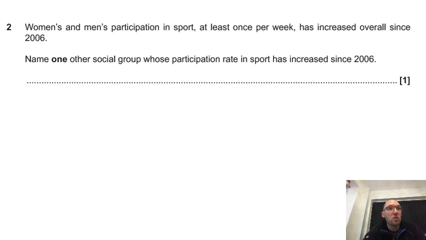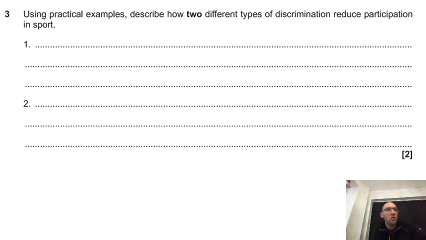So they're the social groups we're looking for. If you just put gender, you mostly wouldn't have got a mark, it would have been too vague. Once again, if you just put age, it was too vague, you had to actually go into a specific group. Right, number 3.